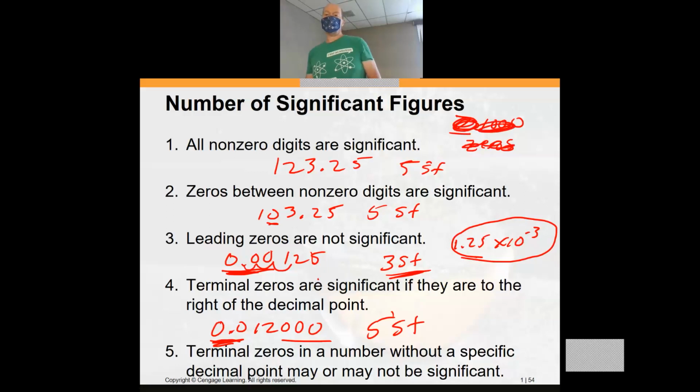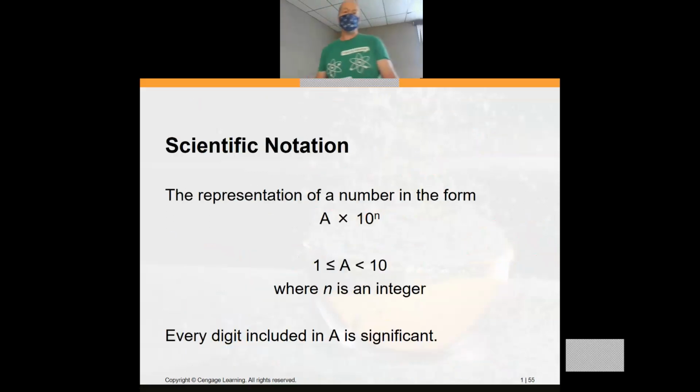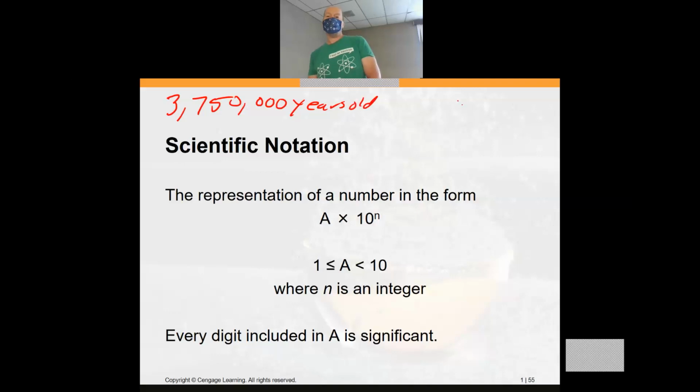Okay, so let's go to a different page. All right, so if we had numbers, let's say we had 3,750,000 years old, and we had 100 milliliters of water. All right, so here is the rule.